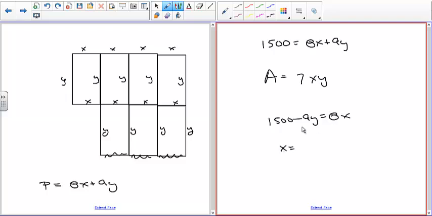So 1,500 divided by 8 is 187.5, and I'll just leave this as a decimal. So 9/8 is 1.125 y. And then you plug that into your primary equation, like that.